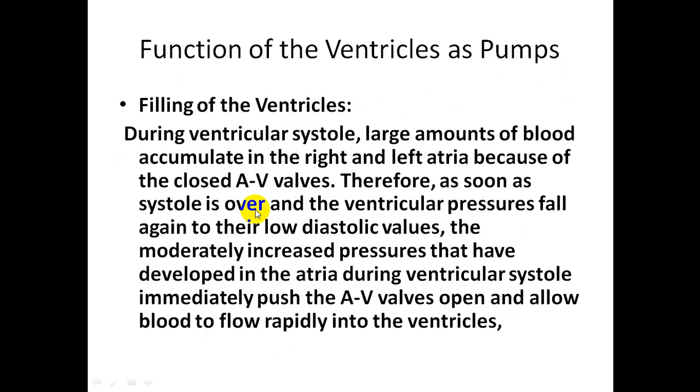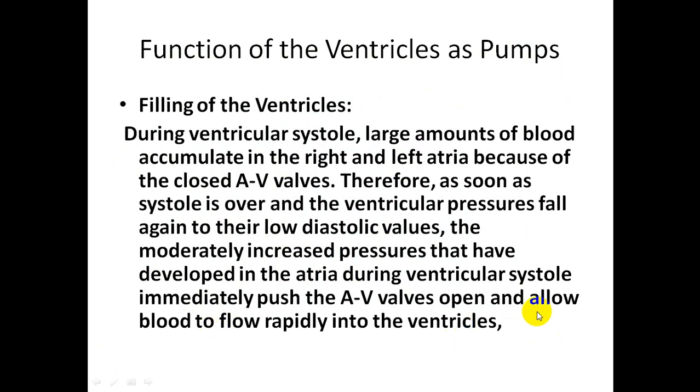Therefore, as soon as systole is over and diastole begins, the ventricular pressure falls again to its diastolic value. The moderately increased pressure in both atria, developed during ventricular systole, immediately pushes the AV valves open and allows blood to flow rapidly into the ventricle.